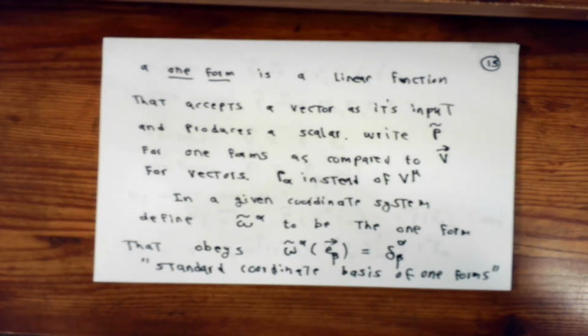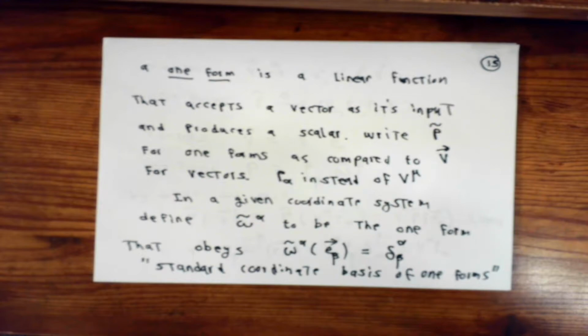The collection of all one forms forms a vector space itself, the so-called dual space to the space that you started off with. It must have a basis then. We're going to make a special basis.